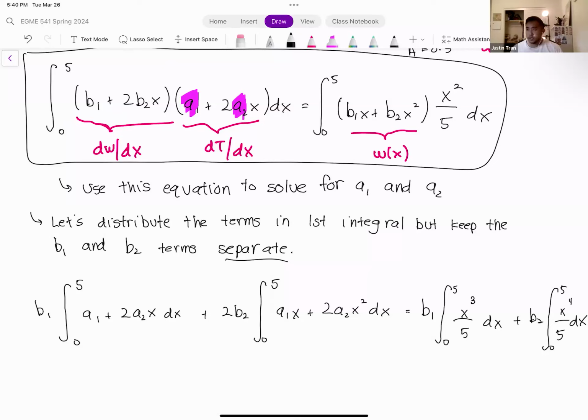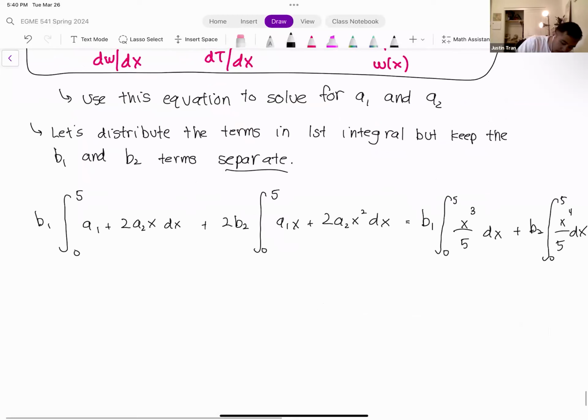All I've done there is distribute the terms but keep the b1, b2 terms separate, and you'll find out why in a second. We did this so that we can apply our normal polynomial integration from here. So now let's evaluate all the integrals.